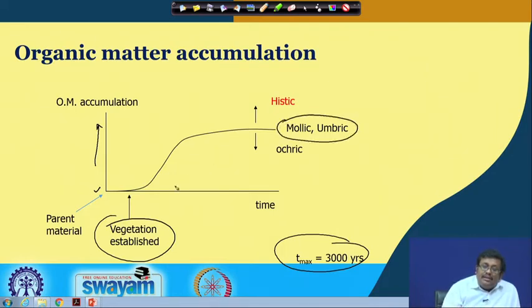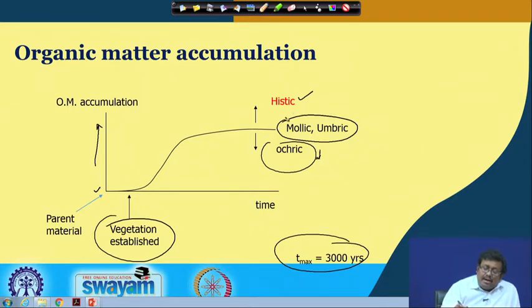As you know, both of them are high in organic matter. However, histic epipedon, which contains more than 20 to 30% of organic matter, will show more organic matter accumulation, and ochric, which is basically a light color epipedon, will show less organic matter.